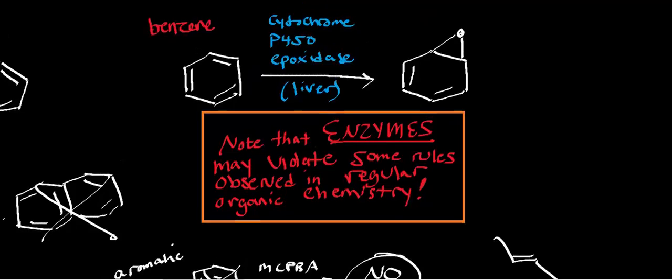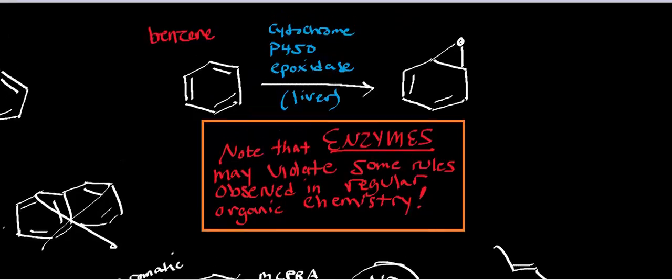However, in biological systems, there are exceptions to these rules we have in organic chemistry. That's why enzymes are so amazing: they can do things that you can't do in a lab. There's no way we can really do them effectively, and they can do them pretty much with 100% yield in living systems.